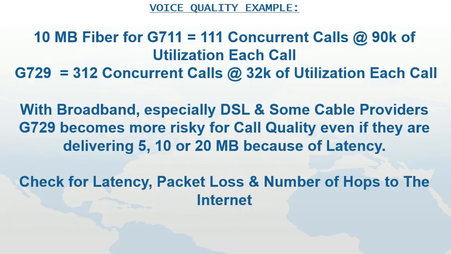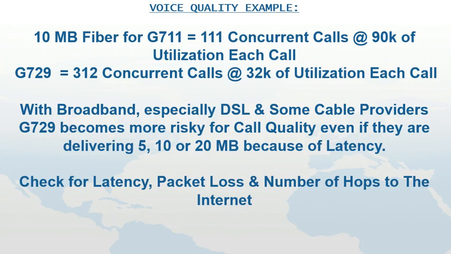In this example is a metric to compare how much bandwidth you need for either codec based on the number of concurrent calls. For G711, most ISPs are able to shine whether it's the local cable company, T1, or fiber company.